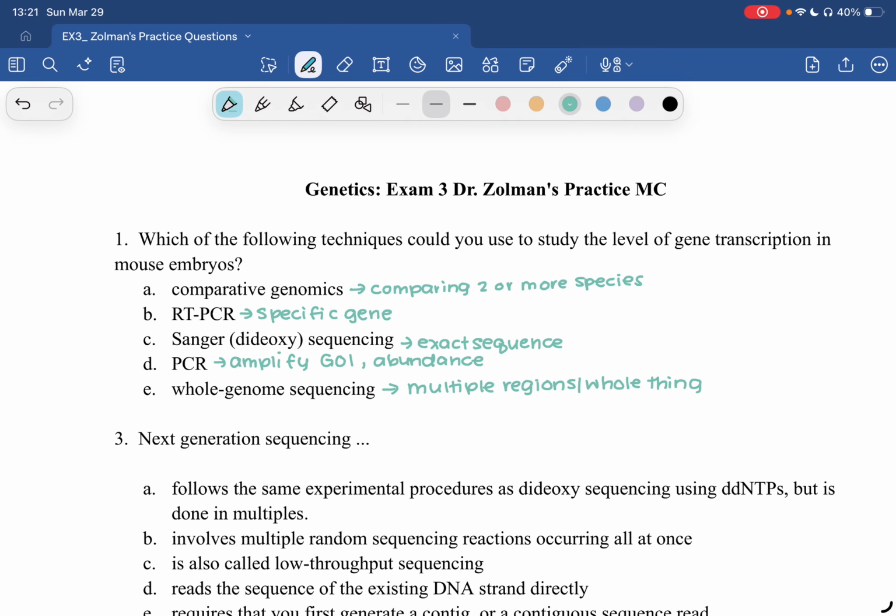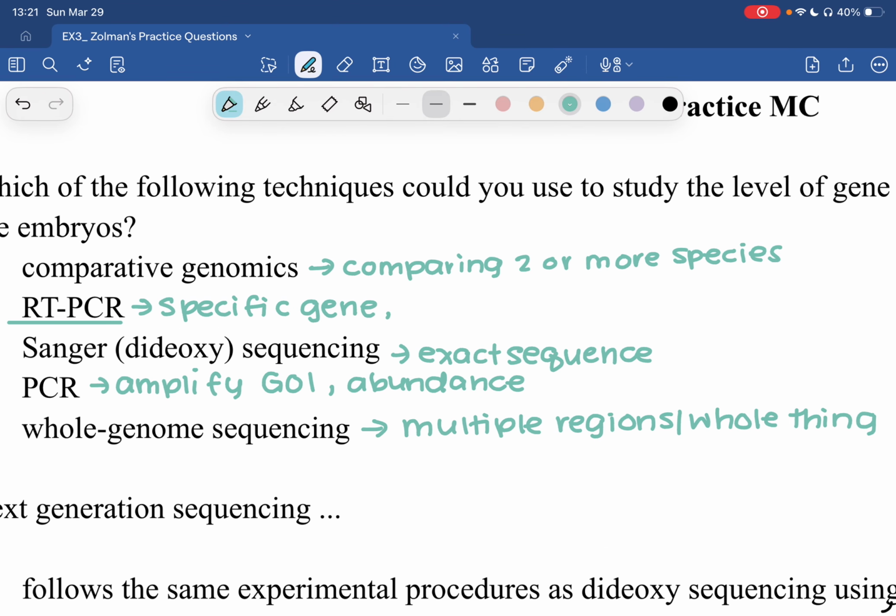Okay, so based on this question, if you want to look at the level of gene transcription in mouse embryos, you would use RT-PCR, because again, you're looking at a specific gene transcription.